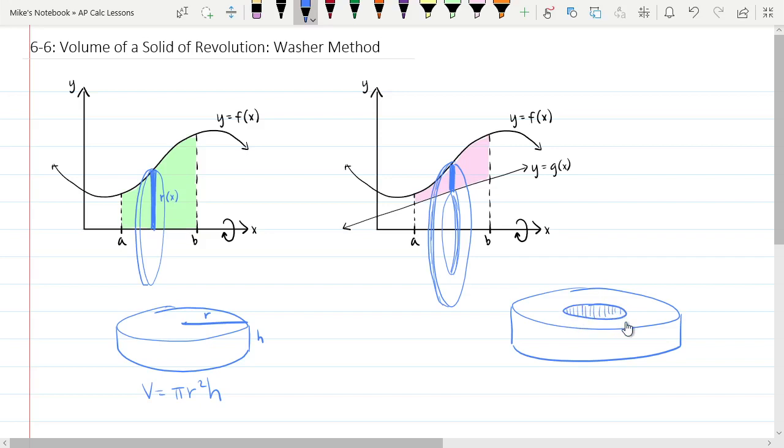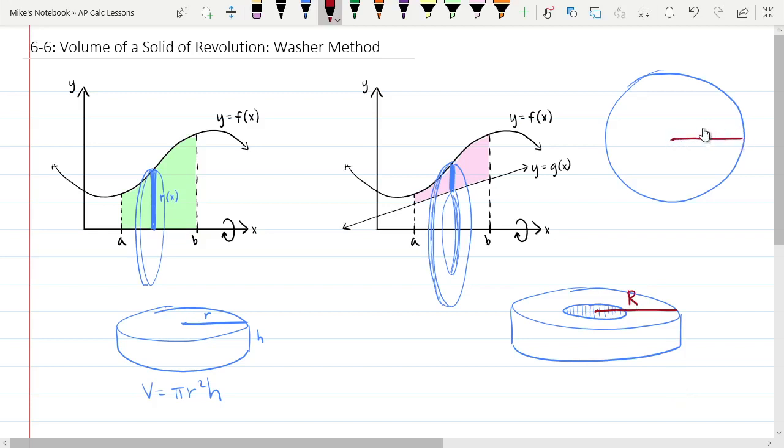And so think about how you would find the volume of this particular solid. Well, now we're looking at a bird's eye view, we have an entire cylinder. So let's say that the radius from the center to the outside of the big cylinder, I'm going to call that capital R, so it's the bigger radius.